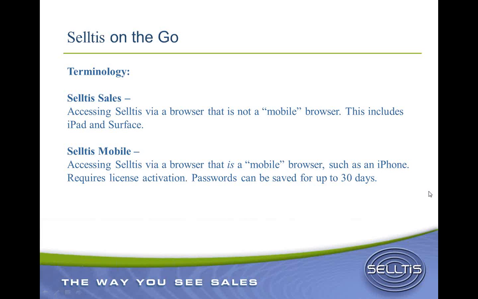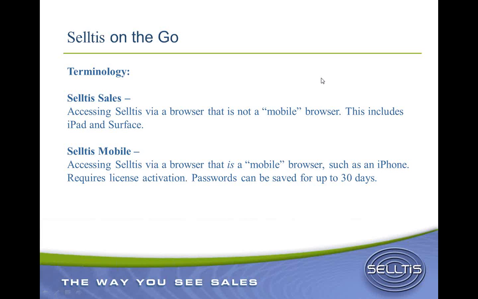That's accessing Selltis with a PC or a Mac using a browser that's not a mobile browser, so you're using Safari, Chrome, or our fully supported Internet Explorer. This sales product also includes accessing Selltis on an iPad or on a Surface, as two prominent tablets. Are there any questions about that?